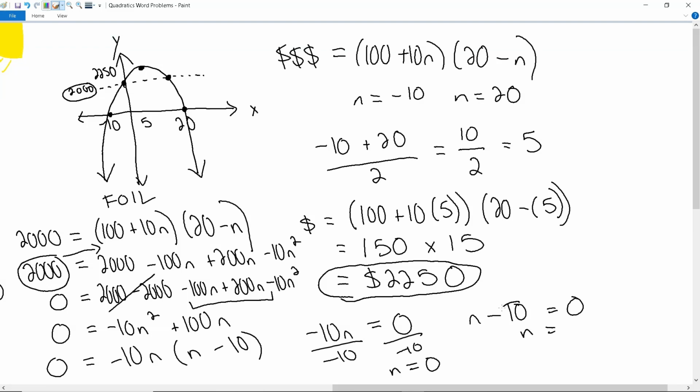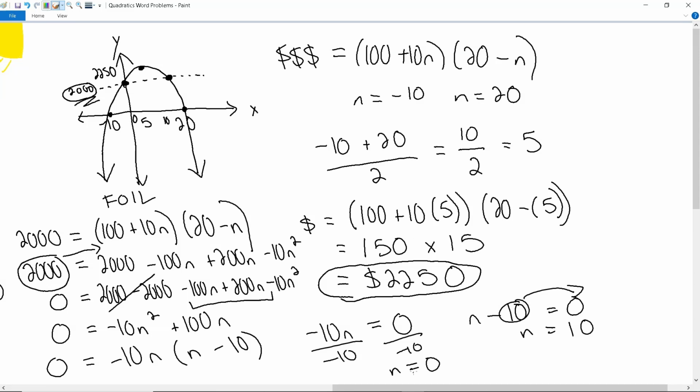Here, I just need to move my negative 10 over, I get a positive 10. So what that tells me is when x equals 0 and when x equals 10 is when I get my revenue of $2,000.